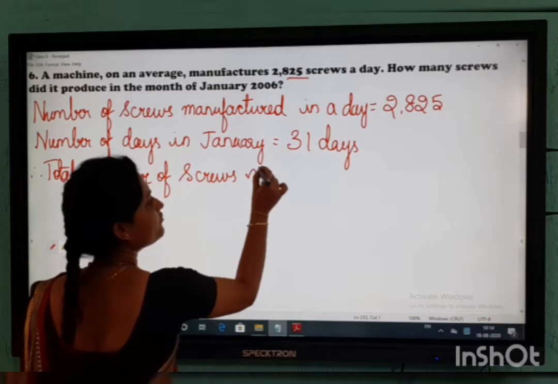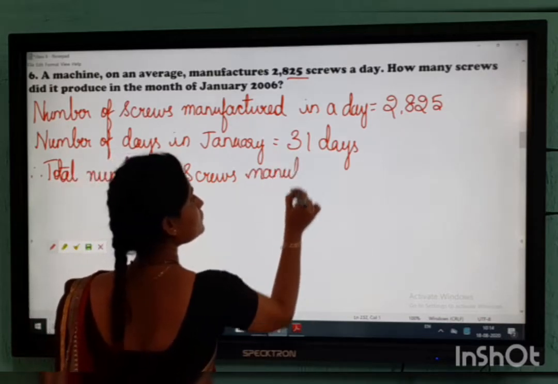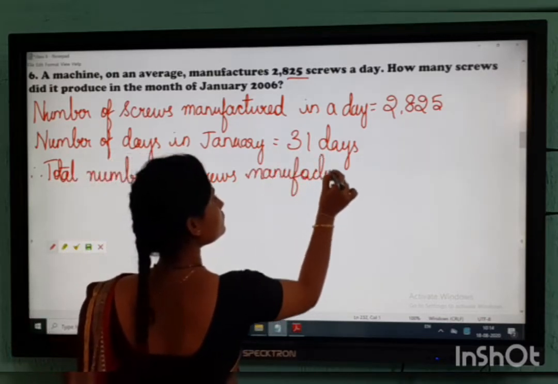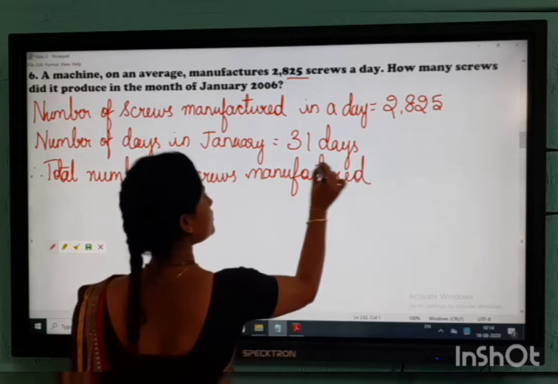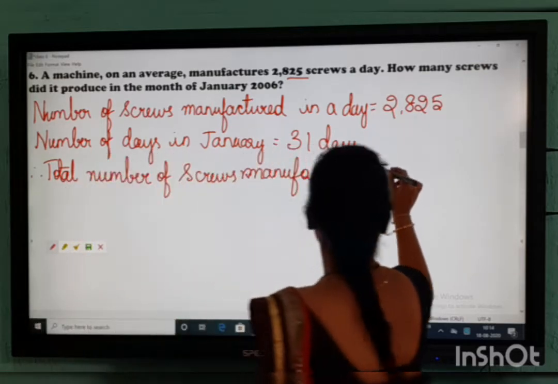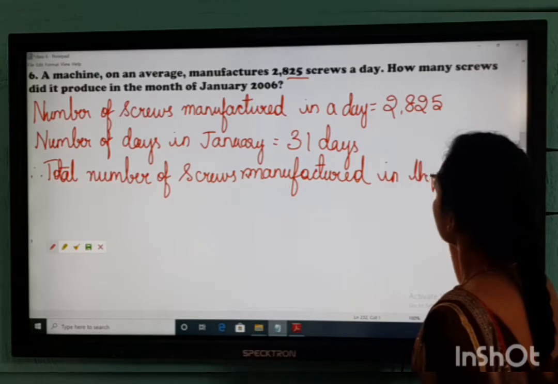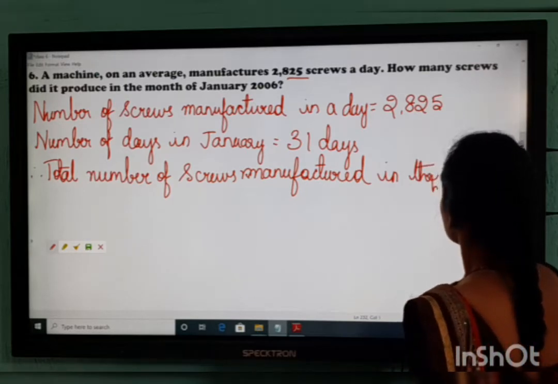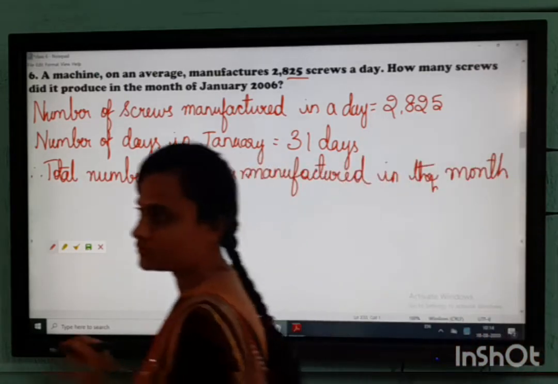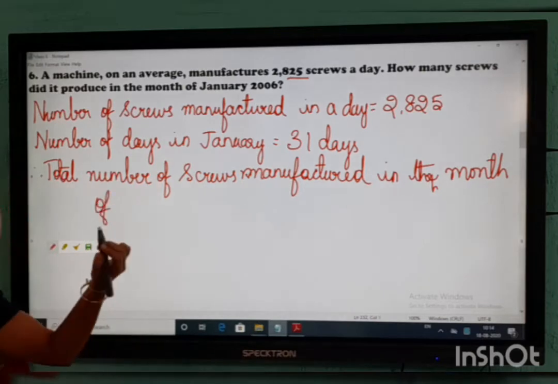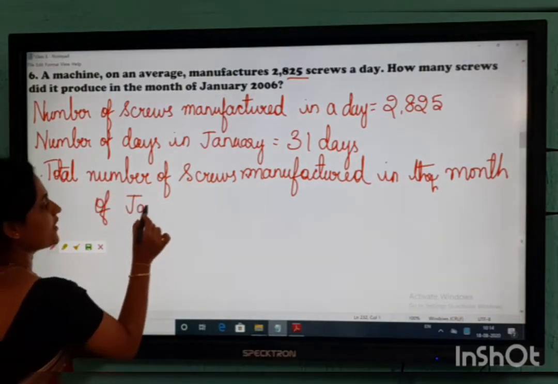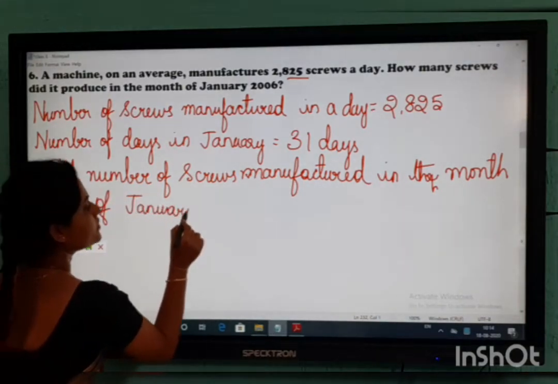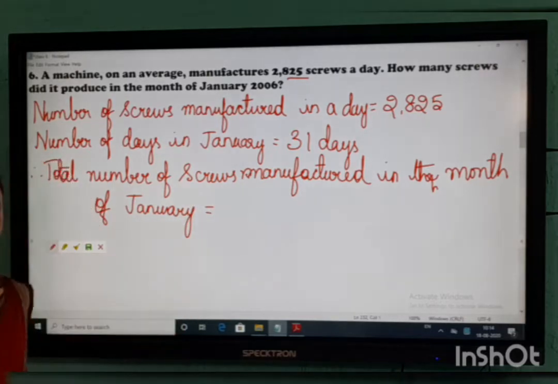screws manufactured in the month of which, children? In the month of January. In the month of January equals what I said?